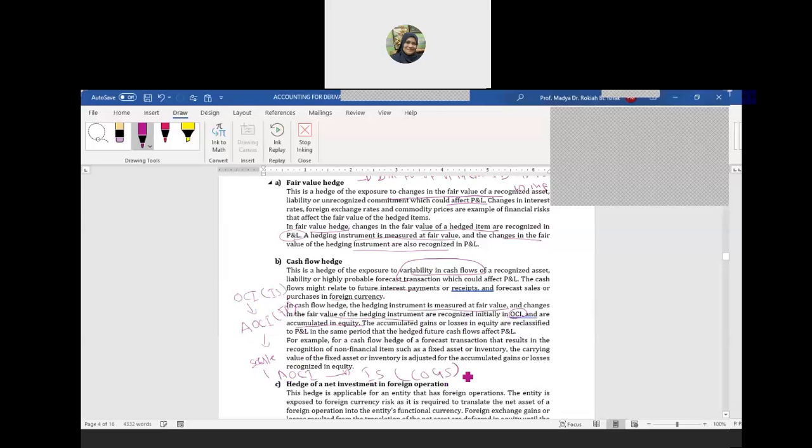So once you sell it, for example, for a cash flow hedge of a forecast transaction that results in the recognition of a non-financial item such as a fixed asset or inventory, the carrying value of the fixed asset or inventory is adjusted for the accumulated gain or loss recognized in equity.